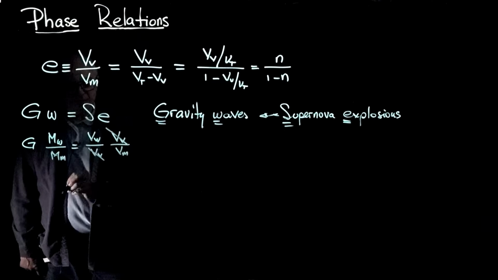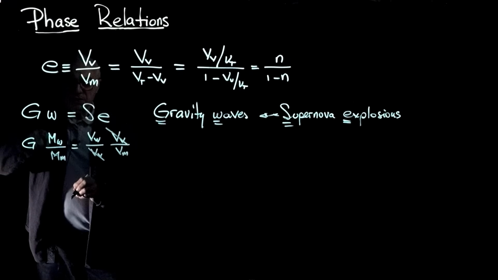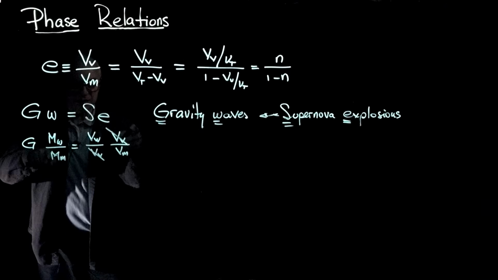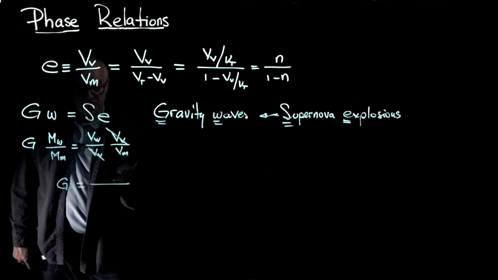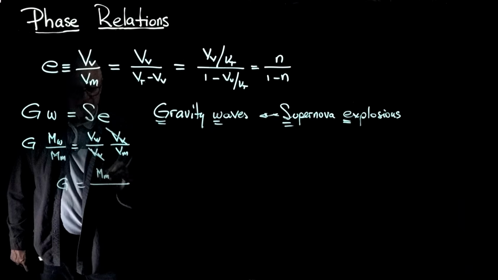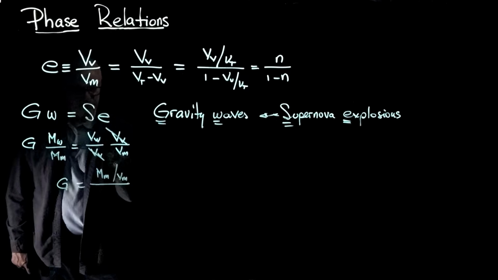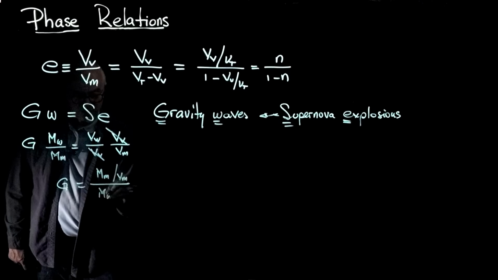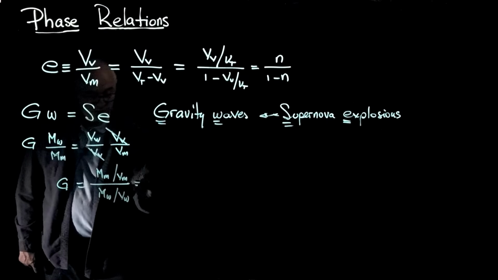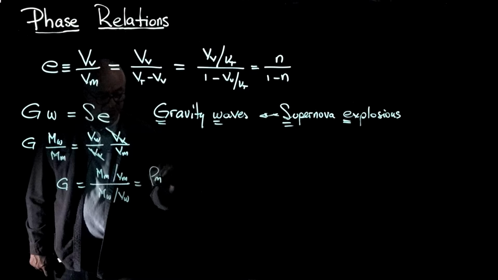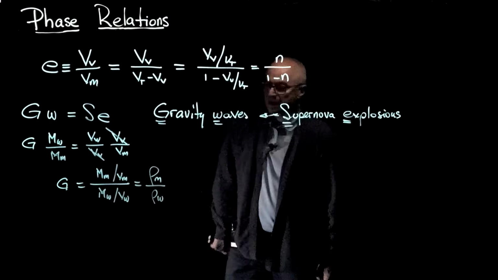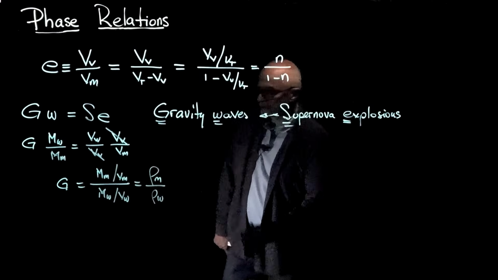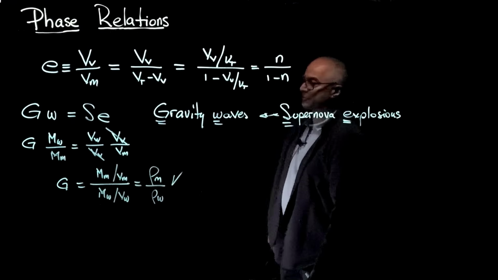Therefore, this cancels out, and if I divide now, I bring mass of water to the denominator here and the mass of mineral to the numerator, I get that G is equal to the mass of mineral divided the volume of mineral, and the mass of water divided the volume of water, which is equal to the mass density of the mineral with respect to the mass density of water, which indeed is the specific gravity of minerals. So this is confirmed.